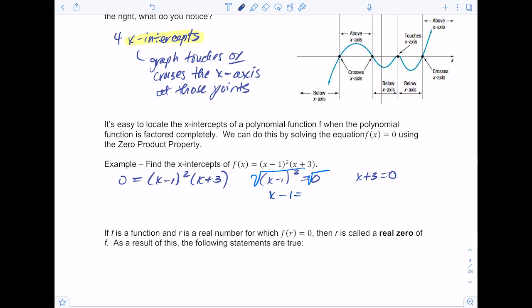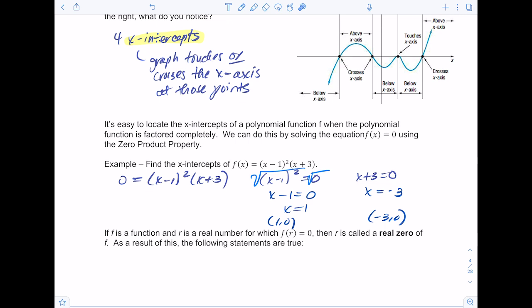So it's just going to be 0. And then solve for x. So x would equal 1 here. And then here we would subtract 3 and you would get x equals negative 3. So one of your intercepts is (1, 0). The other is (-3, 0).